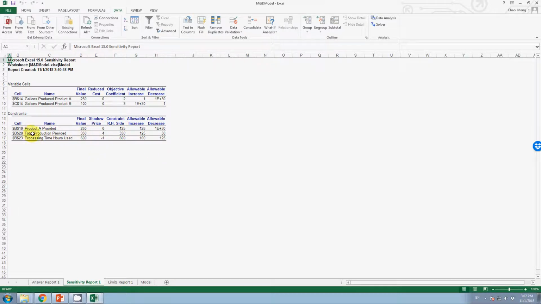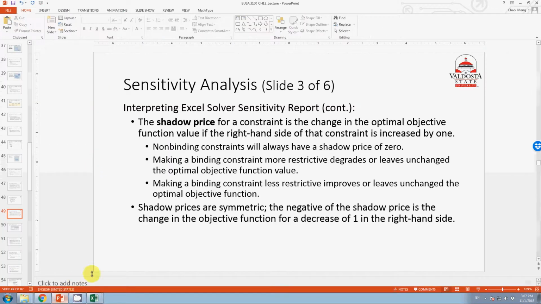But if we talk about the total production provided, it is a binding constraint, so the shadow price is 4. That means if the requirement is increased by 1, the objective function value will be increased by 4. Okay, and the shadow values are symmetric.